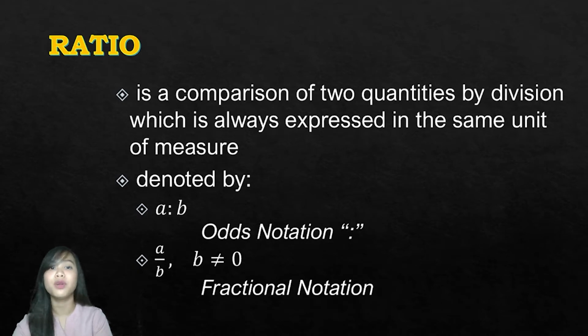In fraction form, we need to make sure that B, the denominator, should not be equal to 0. Why? Because a fraction which has a denominator of 0 is undefined or infinity.